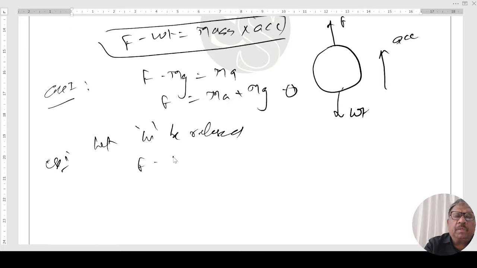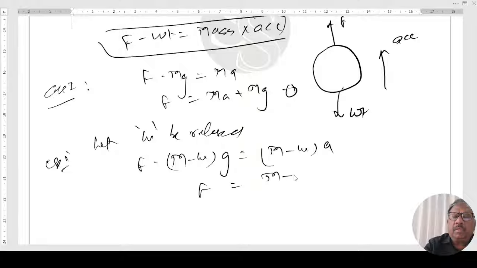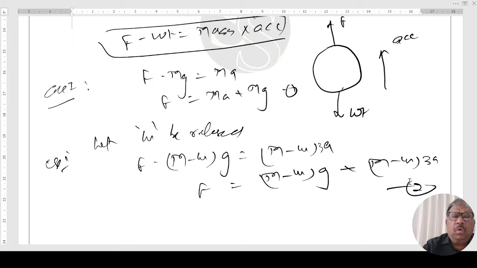So F minus (M minus m) into g equal to (M minus m) into a. That is F equal to (M minus m)g plus (M minus m) into 3a. This is equation 2.